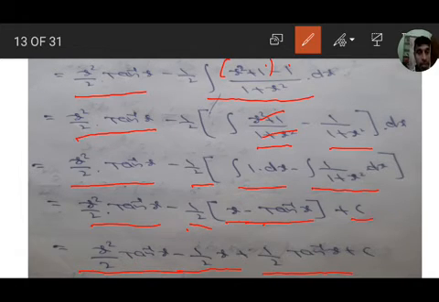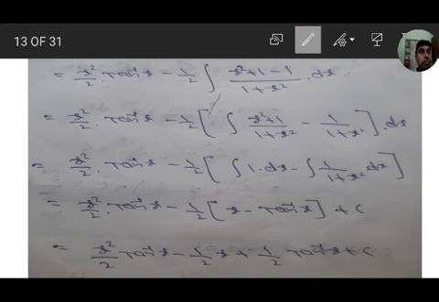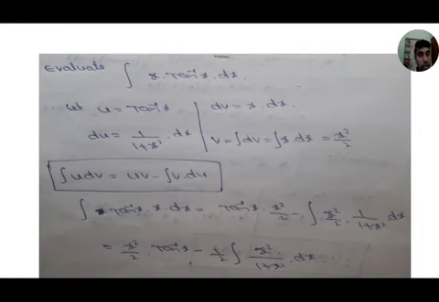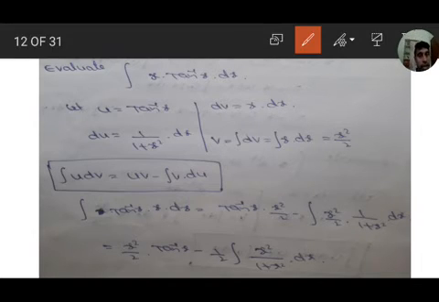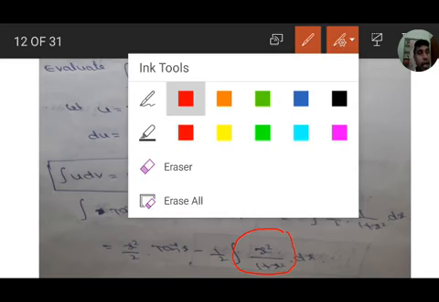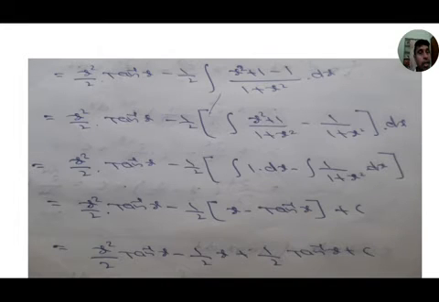This is the answer. Here, after substituting, we got integration x square by 1 plus x square, which does not come directly, so we add and subtract 1, x square plus 1 minus 1, and separate the integration.